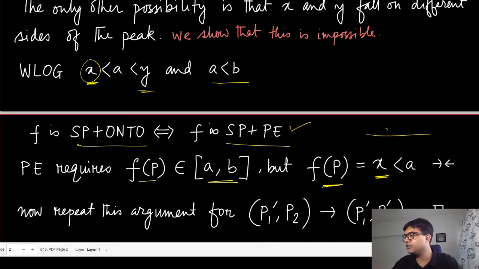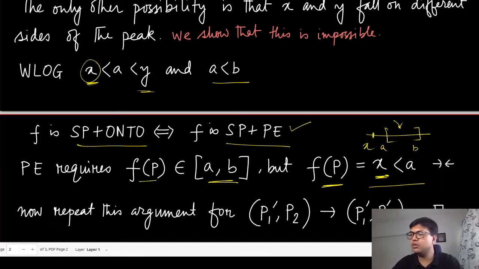We have this interval: A is here and B is here. These are the two peaks of these two players. Any outcome of the social choice function must live inside it, but we have this X which is living outside, so it cannot be Pareto efficient. For all Pareto efficient social choice functions, this cannot happen. Therefore what we have assumed was wrong.